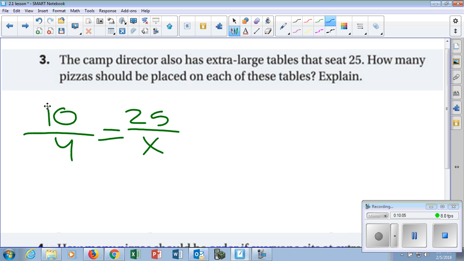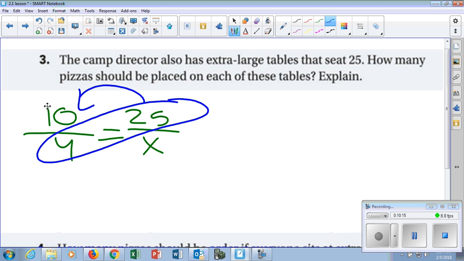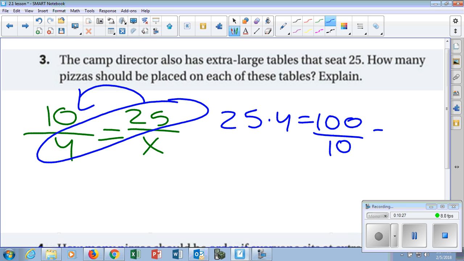Okay, exactly. 10. So what did you do? How did you get that, Gavin? I did 25 times 4 and then divided it by 10. He cross multiplied. He did 25 times 4, which got you what? 100. And then he took that 10 left over that he hasn't worked with yet and divided it by 10.